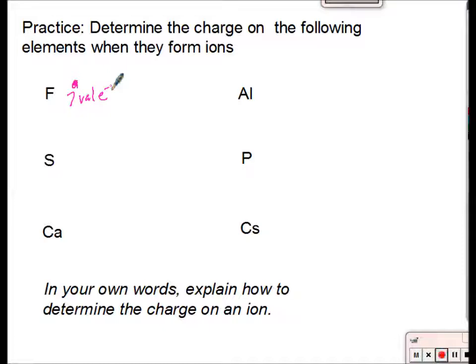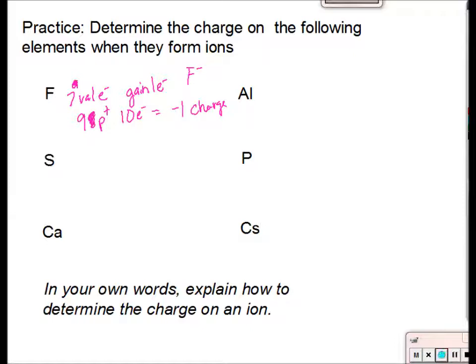If I want to get to 8, I'm going to have to gain 1 electron, which means now I'm going to have 9 protons total, and I'm going to have 10 electrons total. From this you can see the overall charge is a -1 as the overall charge on fluorine. So I would write that as F minus.